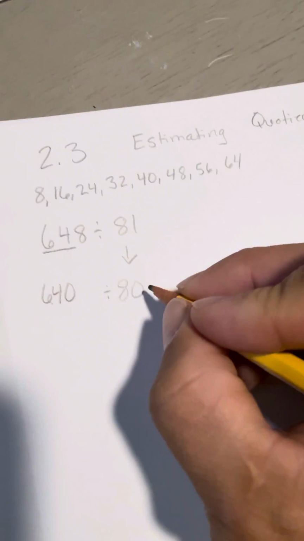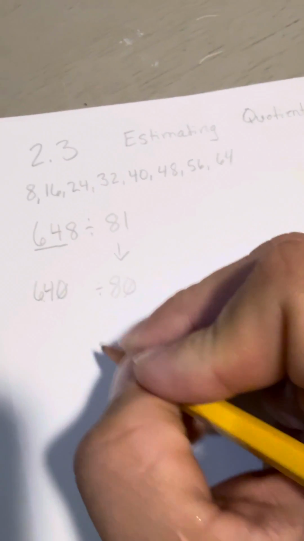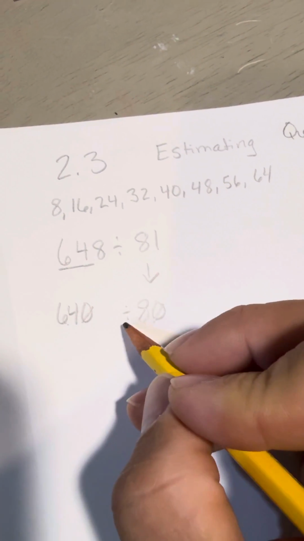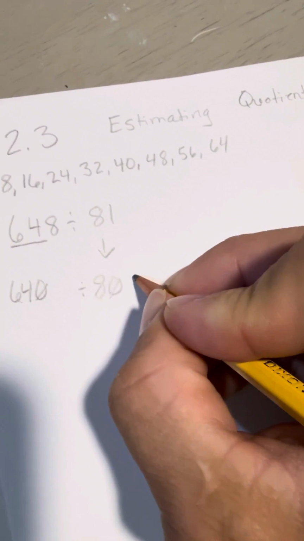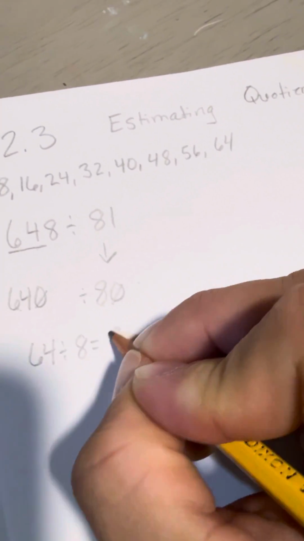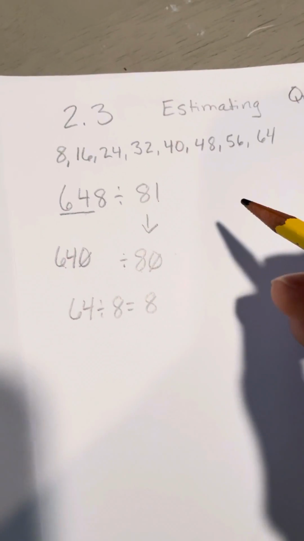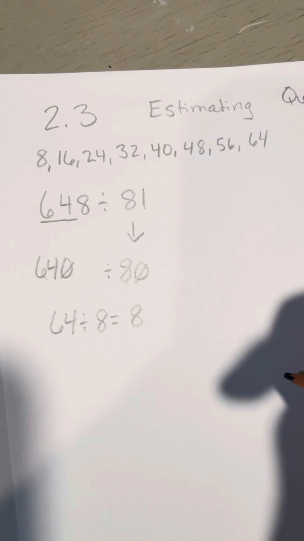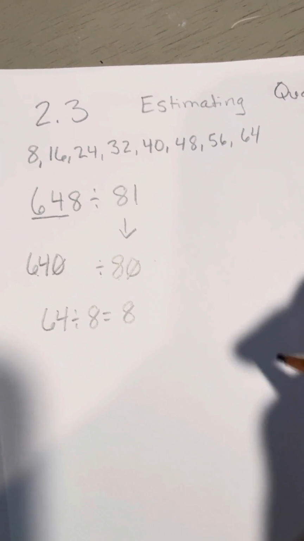I could just cross off the zeros, cancel them out, and then I'm left with 64 divided by 8, which is 8. So my estimated quotient is 8.